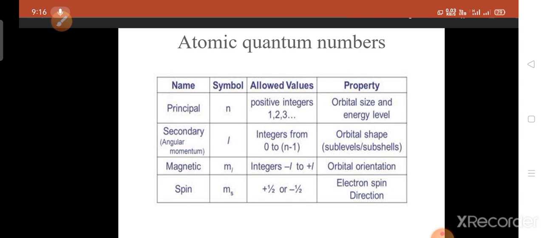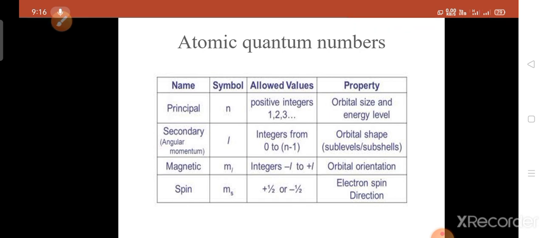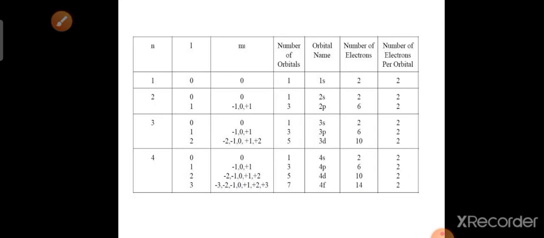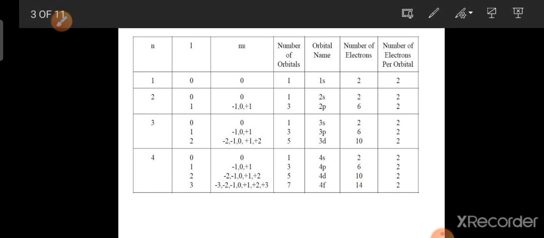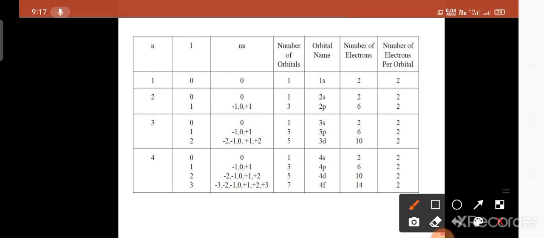For example, if n is equal to 1, then the value of the angular quantum number is 0, because n minus 1 is equal to 0.